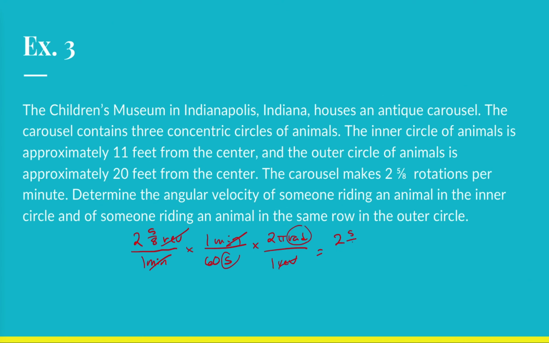So 2 5/8 times 2 pi over 60 radians per second is 0.27 radians per second.